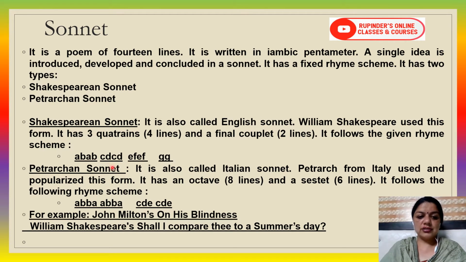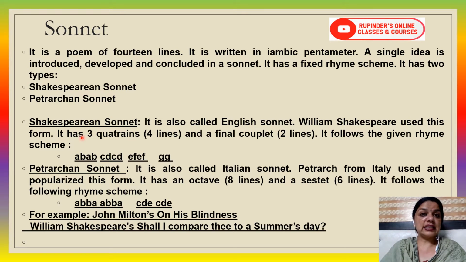So Petrarchan sonnet, it is inspired by an Italian poet, Petrarch. It is also called Italian sonnet. Petrarch from Italy used and popularized this form. It has an octave, which means a stanza of 8 lines. Here it had 3 quatrains.